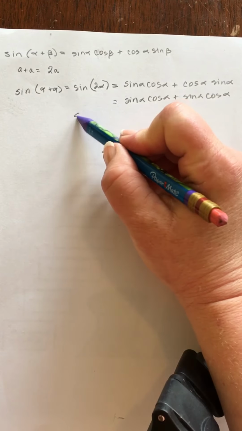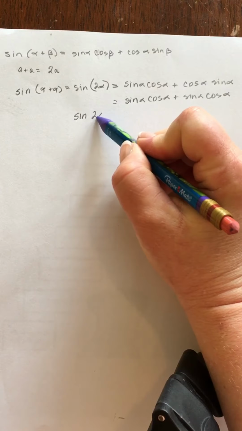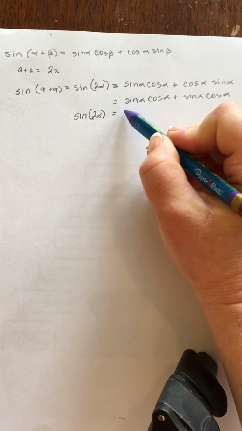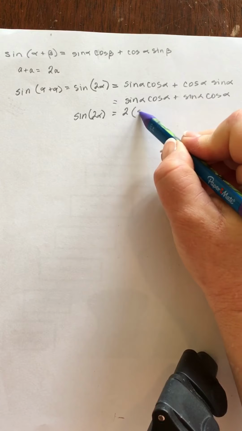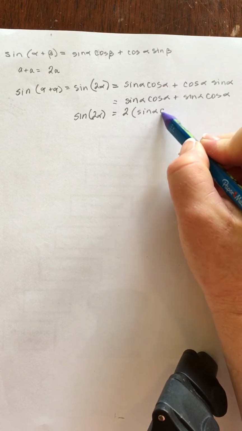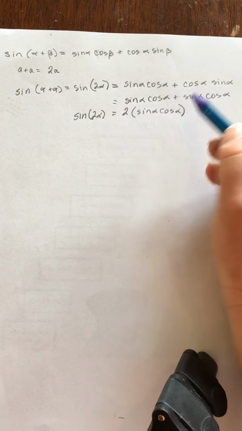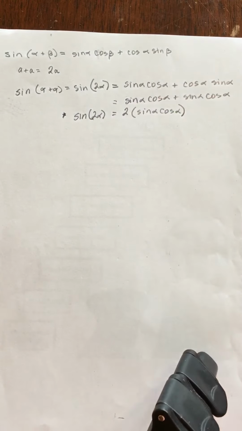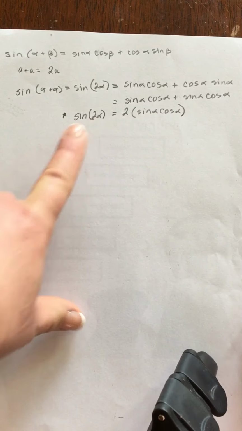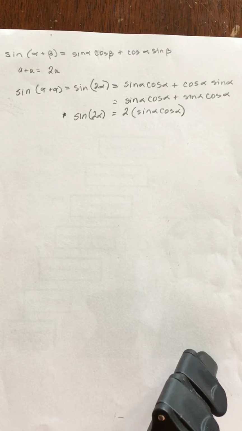So now we have the sine of 2 alpha equals 2 times the sine alpha cosine alpha. So that's going to be your first identity for the double angle. Double because we have a 2 right here.